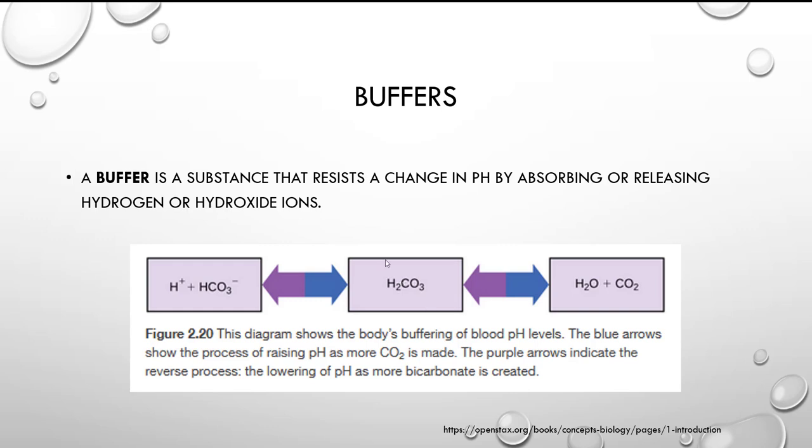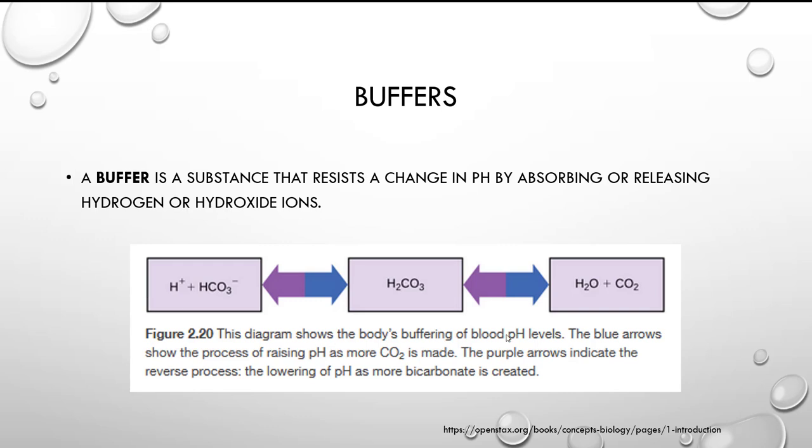Then the carbonic acid will rapidly dissociate into bicarbonate and hydrogen ions. Then the hydrogen ions will bind to the hydroxyl, so you have H plus with the OH negative to form water, and that will limit the increase in pH.